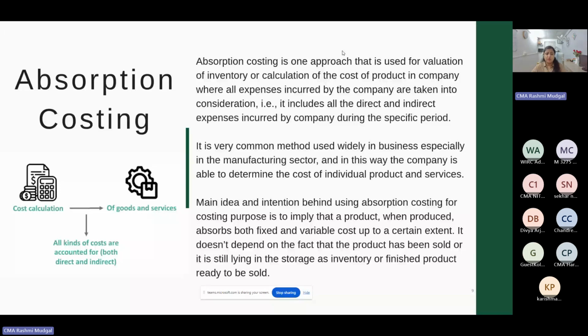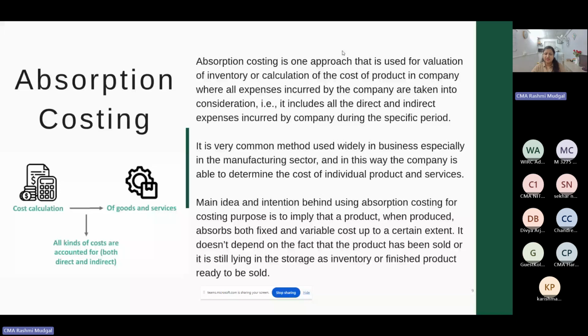So which is better for the company, absorption or marginal? It totally depends upon the management and what kind of industry they are in. For example, I run a practice, so I don't have any variable cost. I only have fixed cost: I need to pay the rent, the annual maintenance, and there are small things like direct material, which is normally paper.